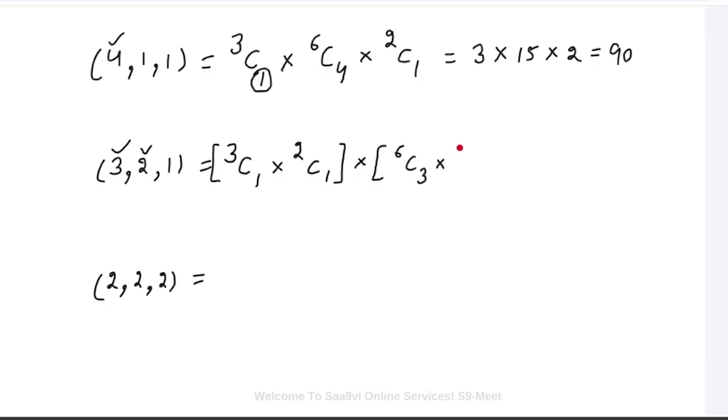From the remaining 3 I'll take 2, and the last one is only 1 remaining, so there's no need to write that. So this is going to be 3 into 2, 6, multiplied by 6 factorial by 3 factorial into 3 factorial. That means this is going to be 6 into 5 into 4, 5 into 4, 20.